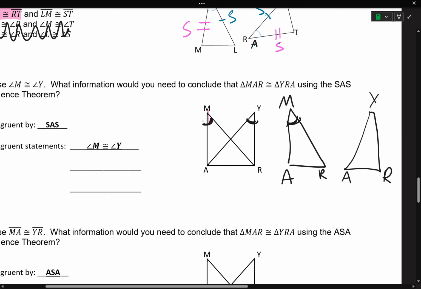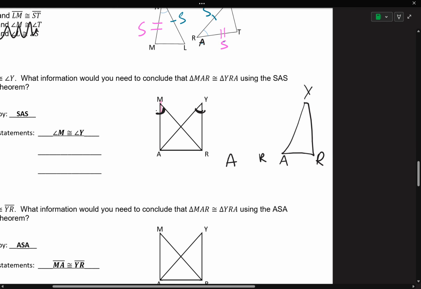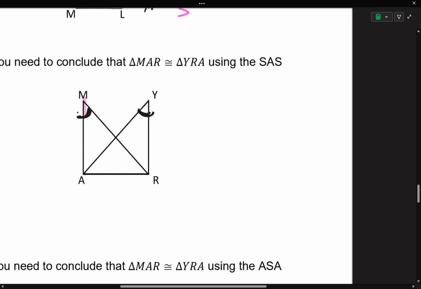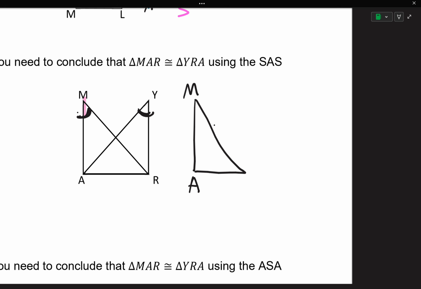Now, I like to do this. When triangles overlap, sometimes it's hard for me and probably some other people to see the actual triangle, to recognize the side angle side, to label things correctly.